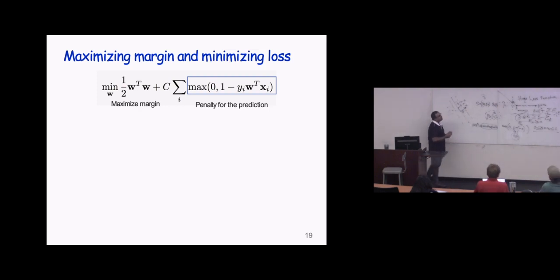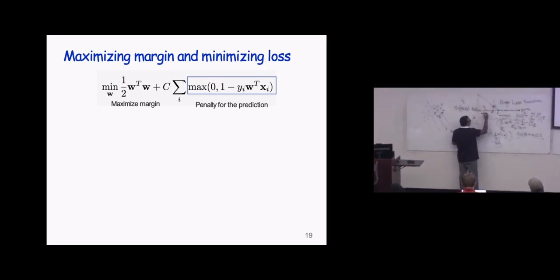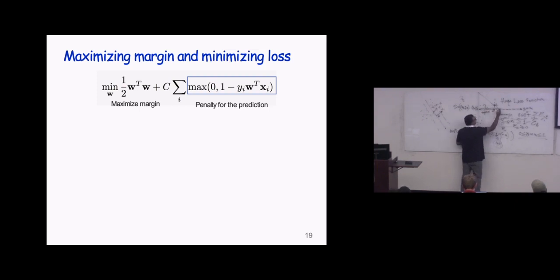So there are three cases here. We already talked about this. What are the three cases? This dot product could be greater than 1, it could be between 0 and 1, or it could be less than 0, negative. It could be here, here, or here.